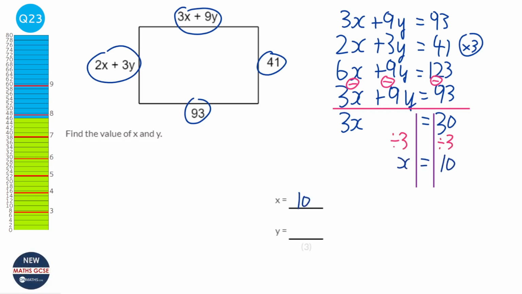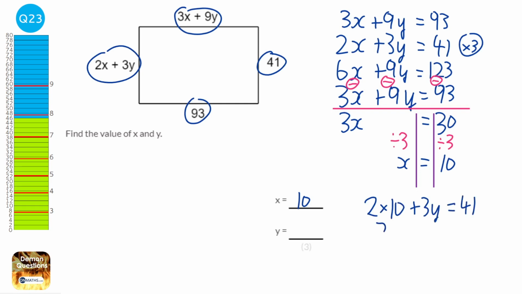So we know what x is, but we need to find out what y is. So what I'm going to do is pick one of the equations. I can pick the 2x plus 3y equals 41, and just substitute the value of x in. So 2 times, instead of x, it's times 10, plus 3y equals 41.